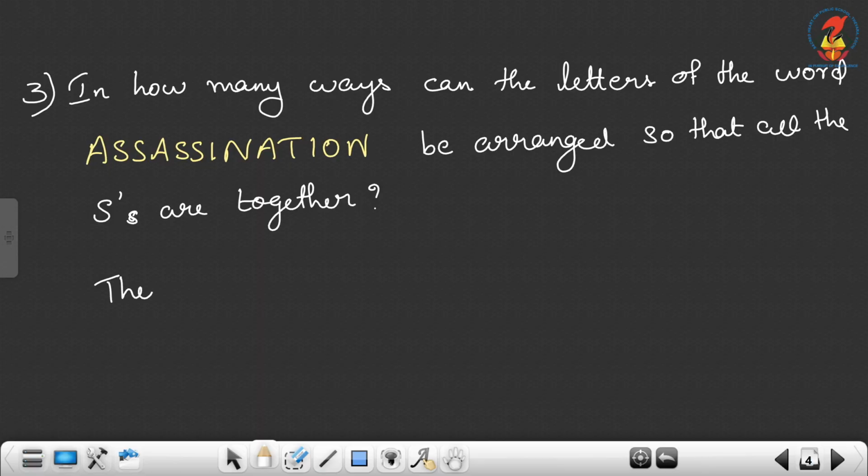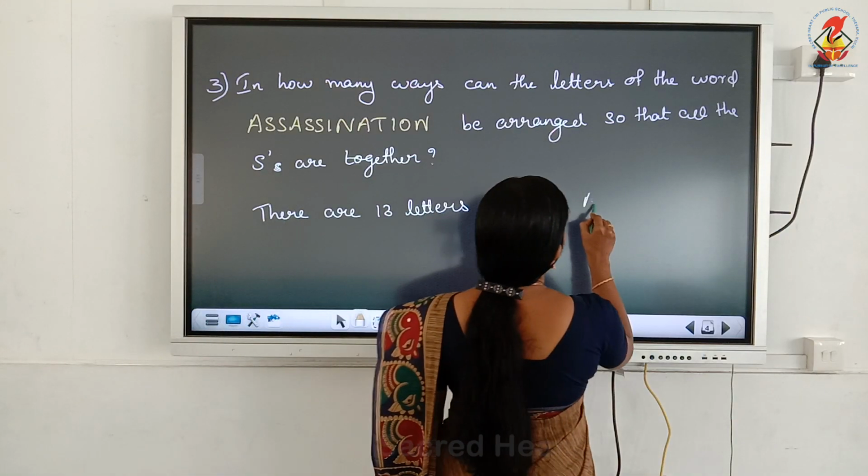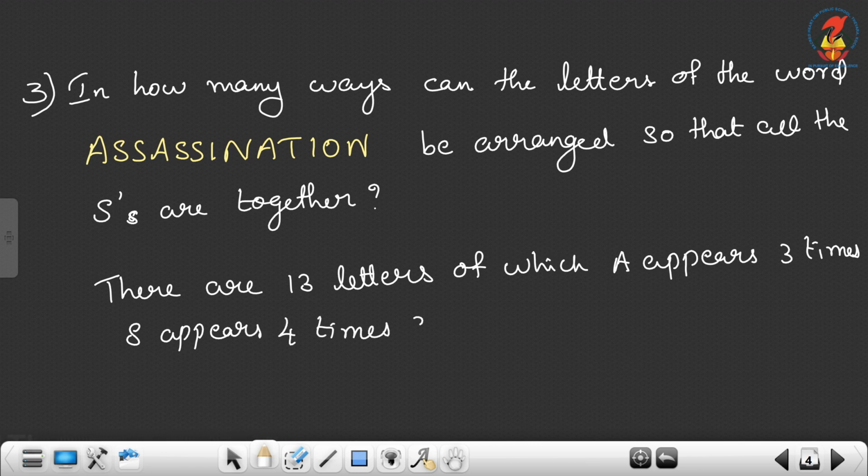So there are 13 letters, of which A appears 3 times, S 4 times, then N is there, and N appears 2 times.